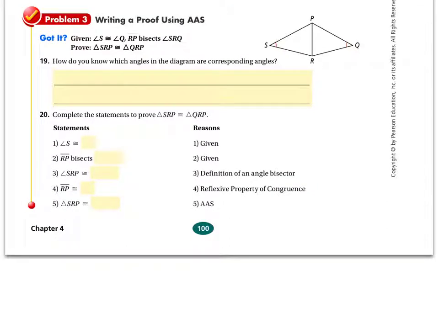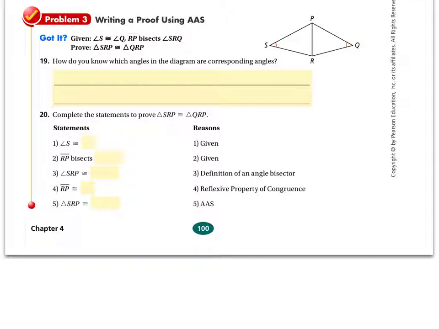On problem number 3, we're going to write a proof using angle-angle-side. So we're given the information right here that angle S is congruent to angle Q and segment RP bisects angle SRQ. Now remember, bisect means cut it into two equal parts. What we need to prove is that triangle SRP is congruent to triangle QRP.